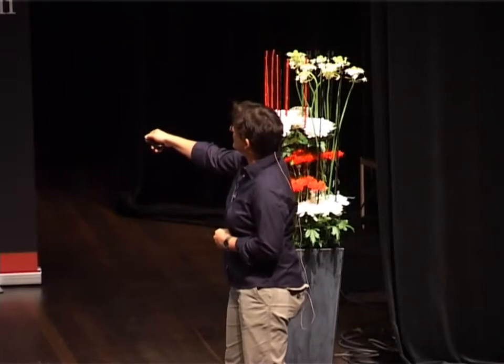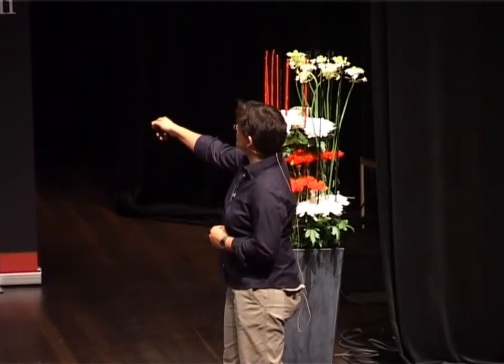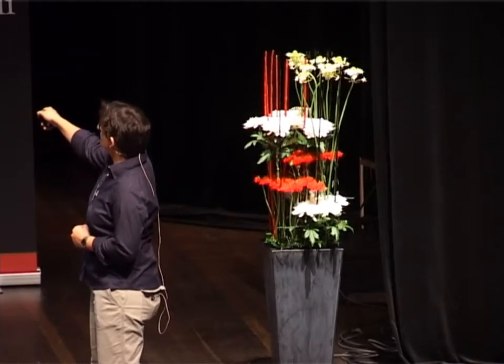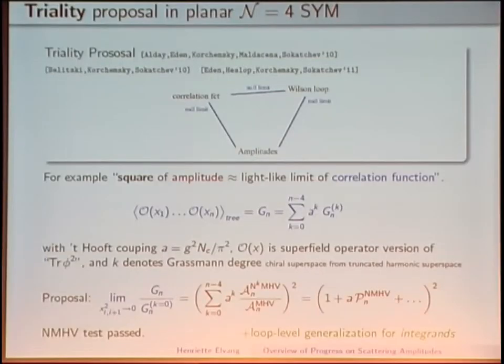So I have to normalize it by some particular component. Now here, in this expression, the operators are actually supersymmetric operators in a suitable chiral superspace. And the k that I expanded in over here is just the Grassmann degree. So I normalize the correlation function by the lowest Grassmann degree, if you wish. This is the analog of the NMHV level. And then I can take the null limit.